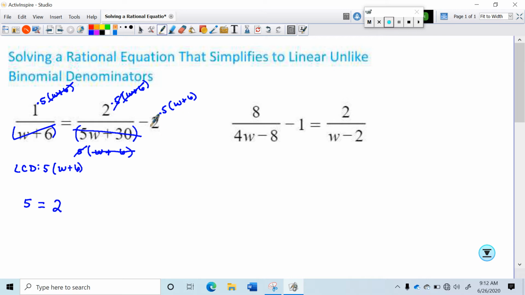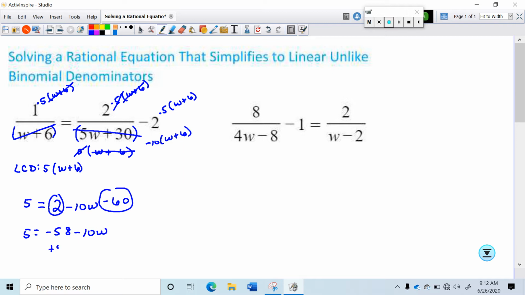And then this one is negative 2 times 5, which is negative 10, times W plus 6. Negative 10 times W is negative 10W, and negative 10 times 6 is negative 60. Okay, I know what 2 take away 60 is. 5 equals 2 take away 60, which is negative 58. Then I've got minus 10W.